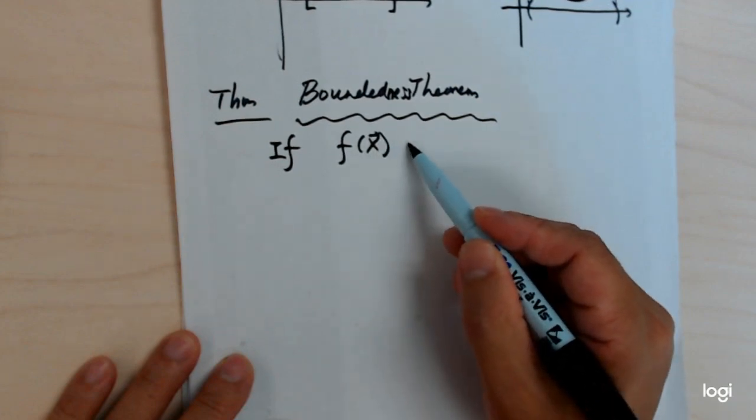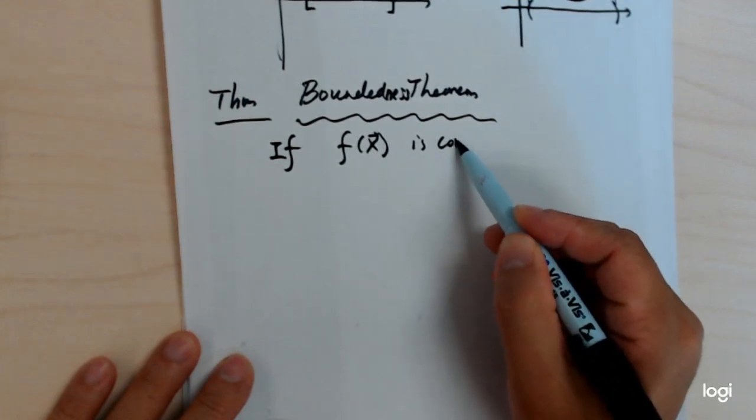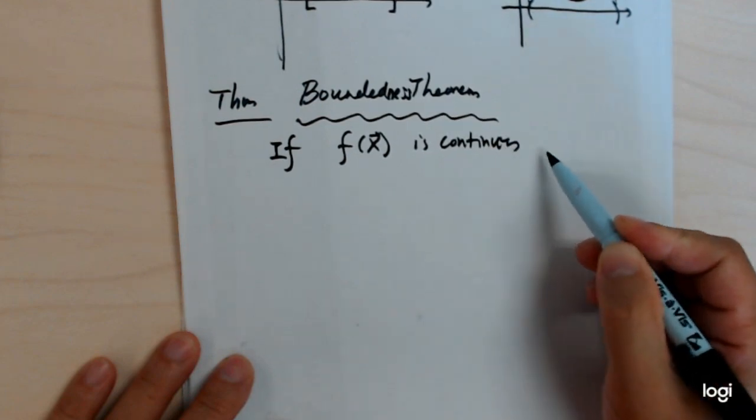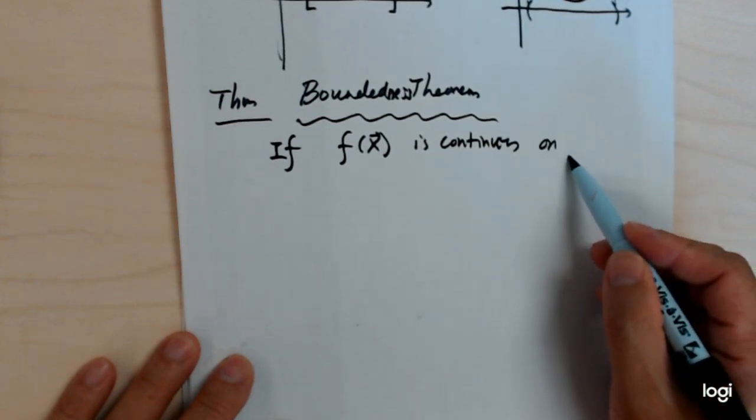If I have a function in higher dimension, it's continuous on what kind of a set?